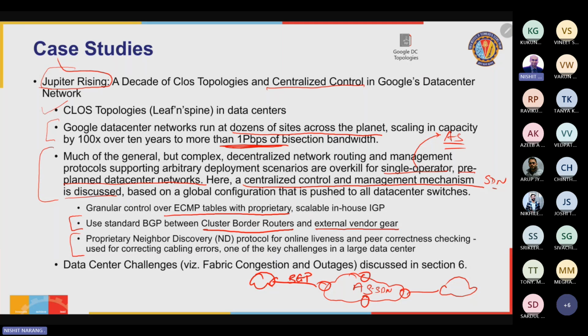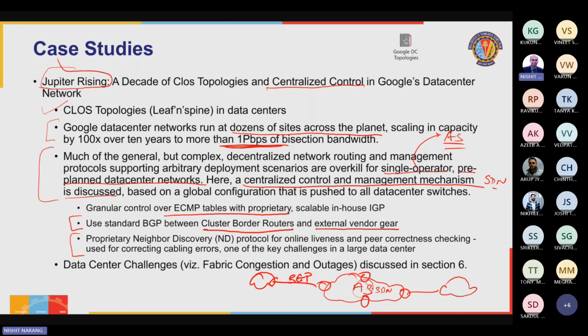Google has defined its own, because it's an autonomous system, it can do anything within the network. They have their own proprietary neighbor discovery protocol that they've identified to detect the network faults, the liveness of the network.